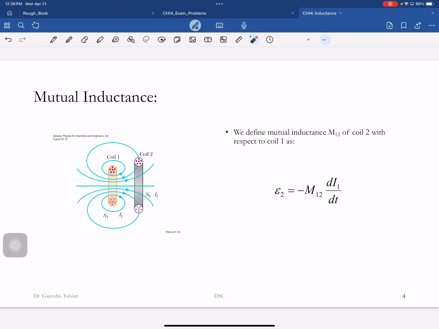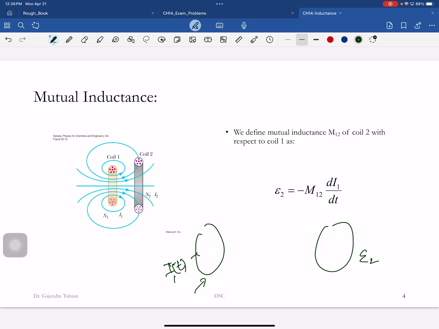Okay? All right. Now here's what we did. Here's coil 1. We were changing the current in this coil 1. And here's coil 2, which was inducing an EMF there.